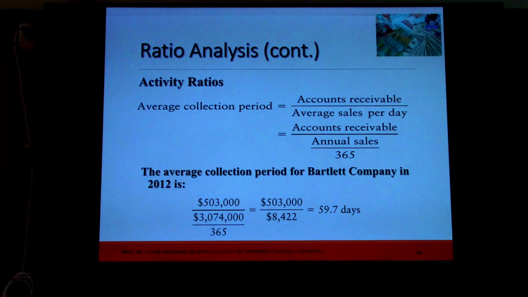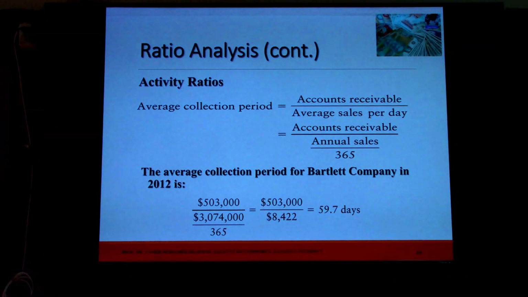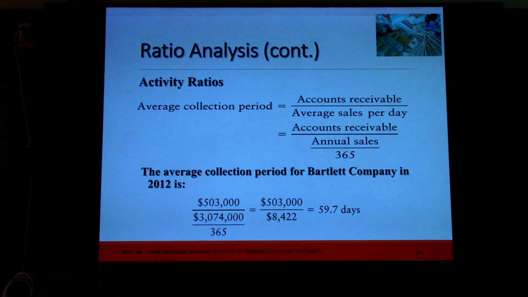What does it mean? ده مهم. معناها إن this firm is almost collecting its accounts receivable in 60 days. الشركة دي بتجمع accounts receivable بتاعتها in 60 days. Question, is this good or bad? You need to compare it with a benchmark or time series.